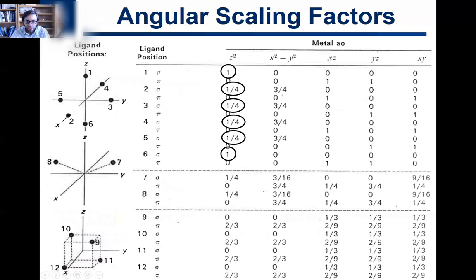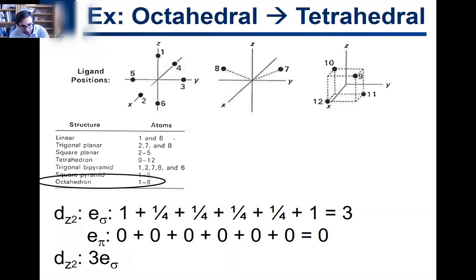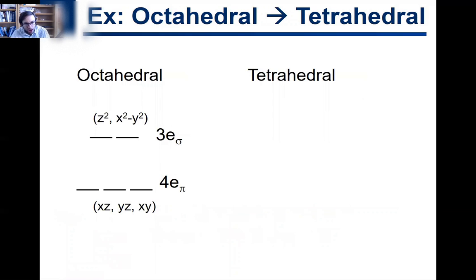So you could go back to this diagram, and here for E sigma we have 0, 3/4 plus 3/4 plus 3/4 plus 3/4 plus 0, that equals 3 E sigma. And then pi is 0, 0, 0, 0, 0, 0. So it's also 3 E sigma. That should not surprise you. After all, we know the dz squared and the x squared minus y squared in OH symmetry are degenerate.